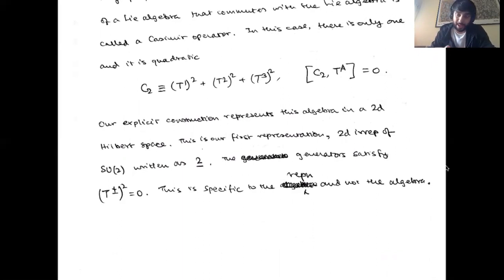So we have a representation of the algebra in a two-dimensional Hilbert space. This is going to be called two, if you wish, and for this particular thing, we also saw that t plus minus was equal to 0, t squared equal to 0. This was specific to the representation and not to the algebra.